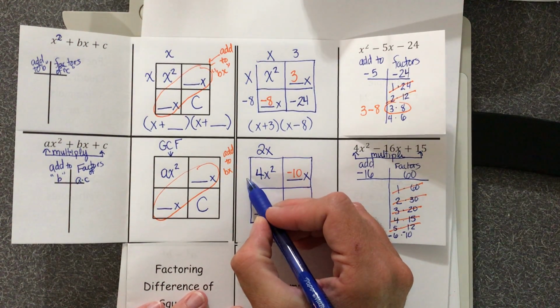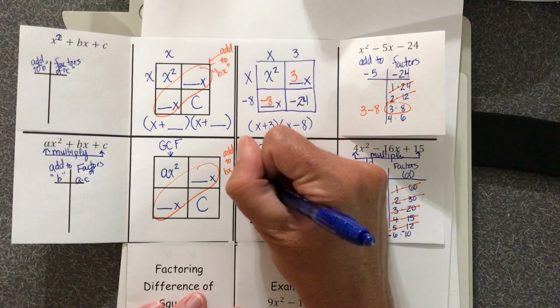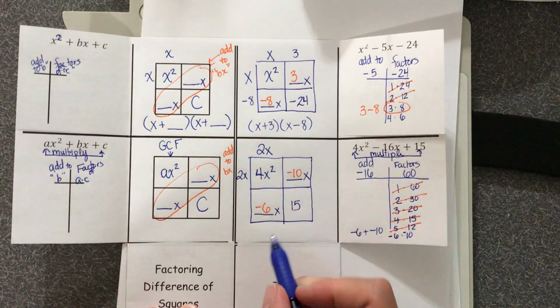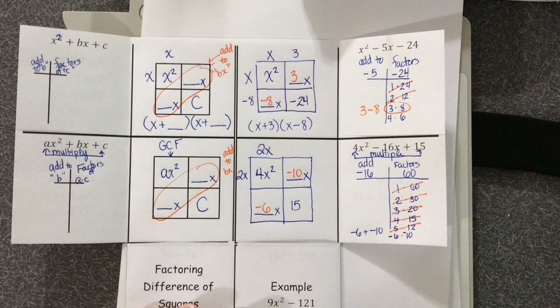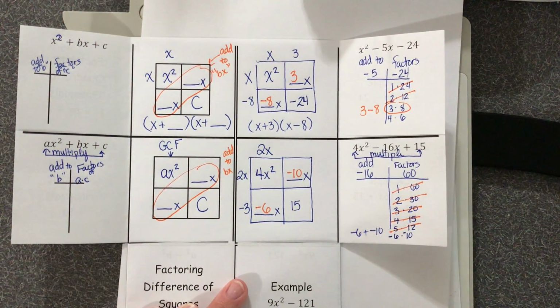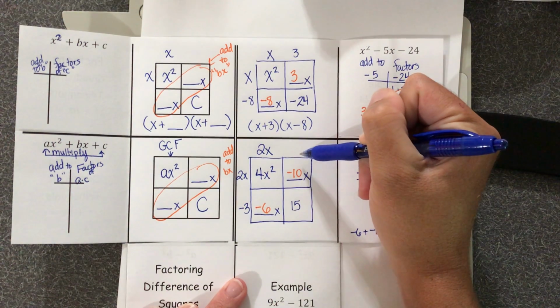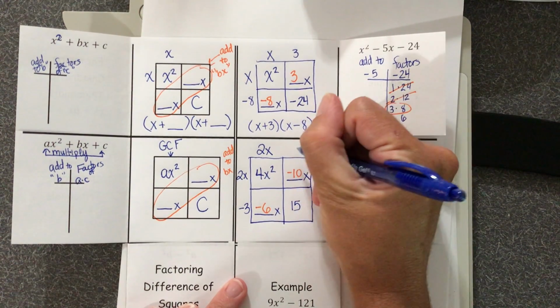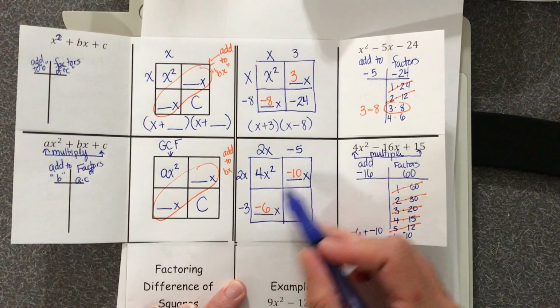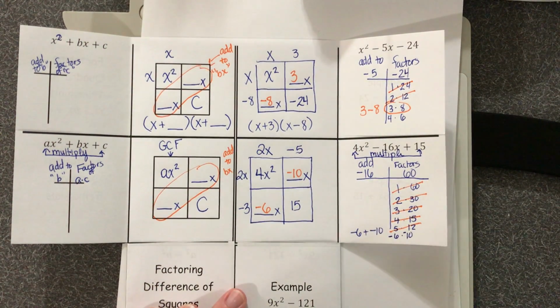2x times what is 4x squared? 2x times 2x. 2x times what is negative 6x? 2x times negative 3. Okay. 2x times what is negative 10x? 2x times negative 5. And negative 3 times negative 5 is 15.